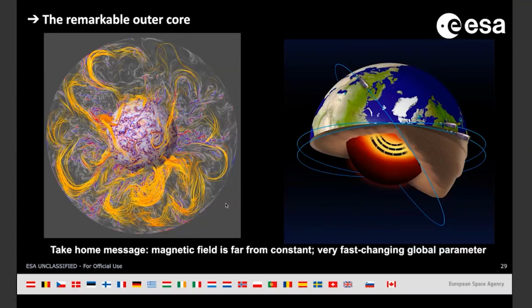So the take-home message from all of this is that the magnetic field is far from constant. It is actually changing very fast. In the past 200 years, apart from the motion of the magnetic poles that I will mention in a second, we have seen a global decline in the strength of the magnetic field of somewhere in the range of 9 to 10%. If someone would say that the atmosphere would have become 9 or 10% thinner in 200 years, it would have been a big cry, of course.